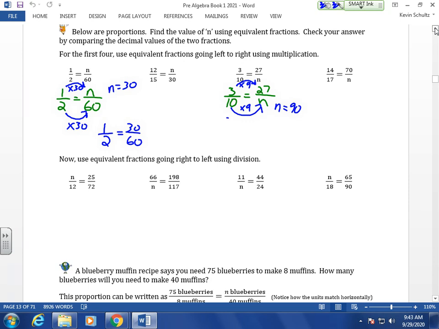So we've got 3/10 equals 27/90. If you put both of those into a calculator, you're going to get the decimal value of 0.3. Okay? 0.3. Any questions on this?